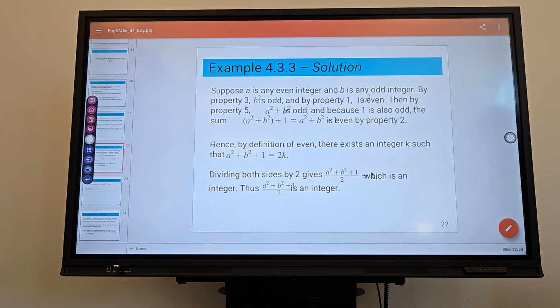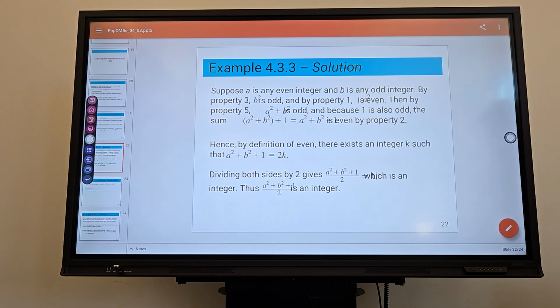Suppose a is an even integer and b is an odd integer. By property 3, b squared is odd, and by property 1, a squared is even. Then by property 5, a squared plus b squared is odd. Because 1 is also odd, the sum a squared plus b squared plus 1 is even.